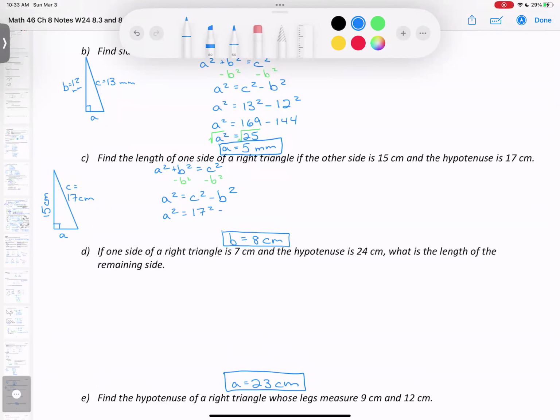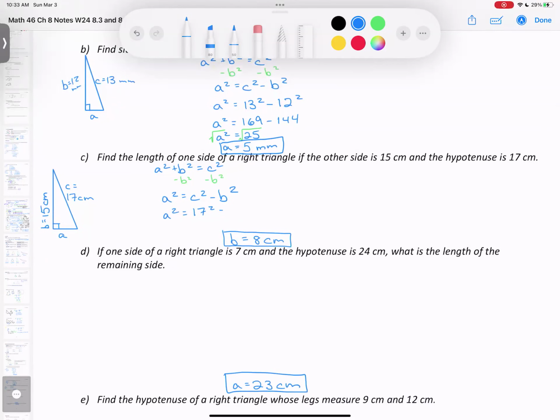And B is going to be this leg of the triangle here, which is 15. So we're looking for 17 squared minus 15 squared. So 17 squared gives us what? 289. Oh, this should be B squared equals 289 minus 15 squared is 225.